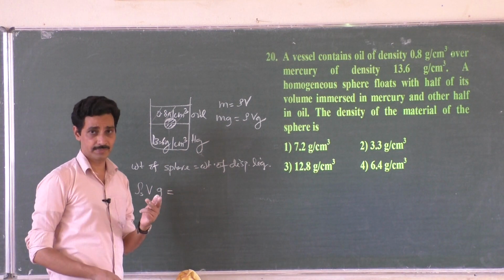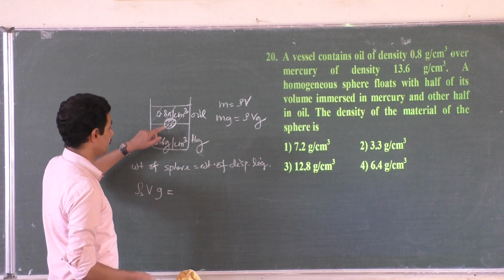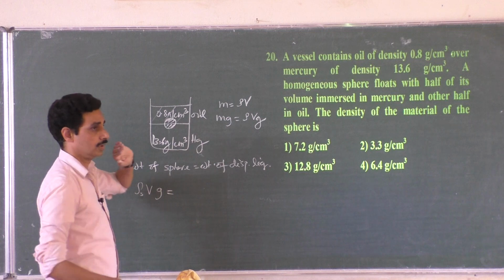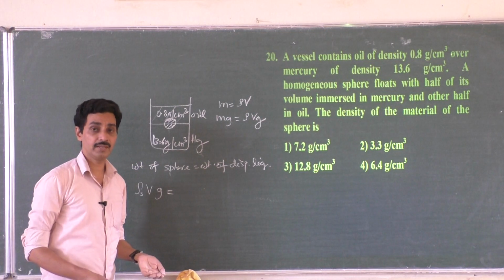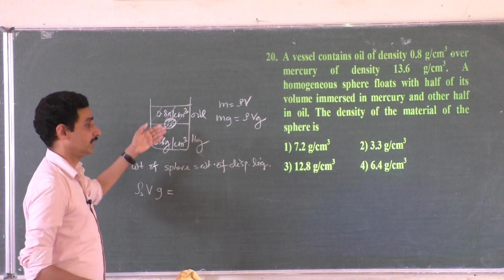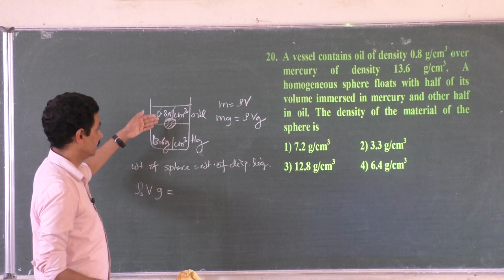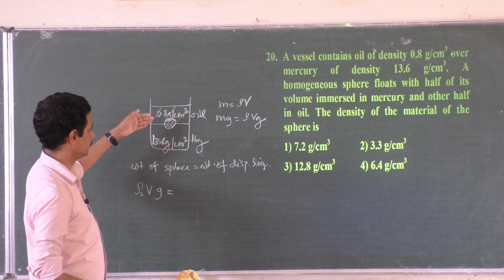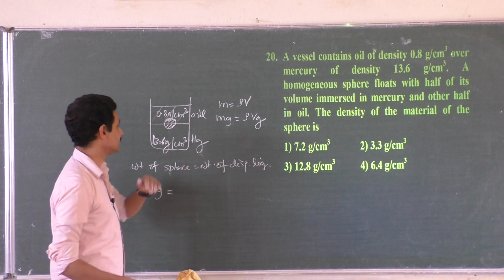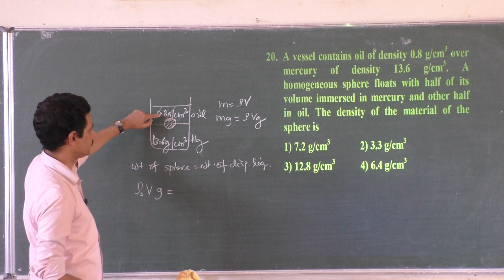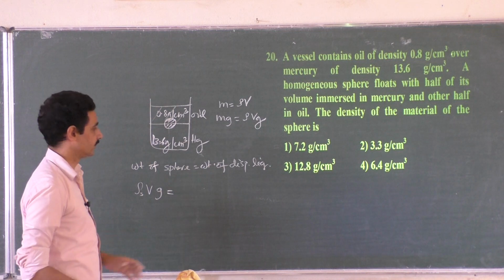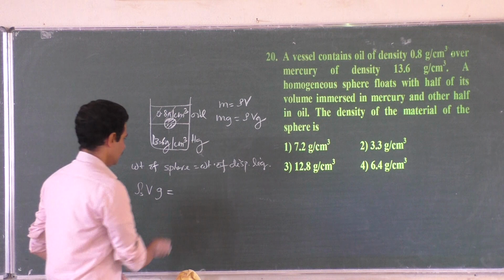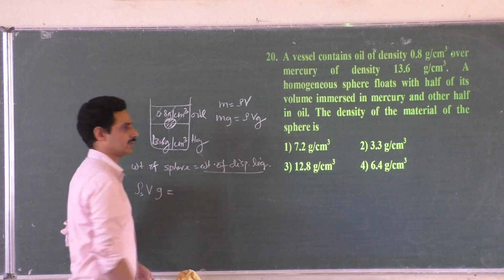Two liquids are displaced, so what is the weight of the displaced liquid? The weight of the sphere is equal to the weight of the displaced liquid.